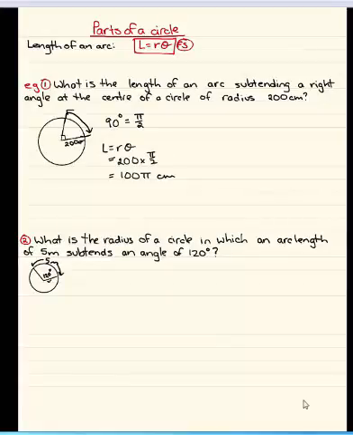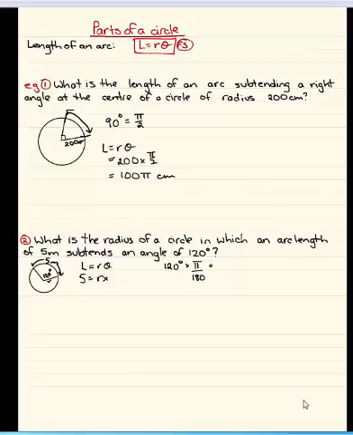Okay, so start off with your formula again. Your arc length equals the radius times theta. So our arc length is 5. We don't know what our radius is, and we need to work out what is that angle. So remembering that to work out angles from degrees to radians, we need to multiply the degrees, the 120 degrees, by pi over 180.